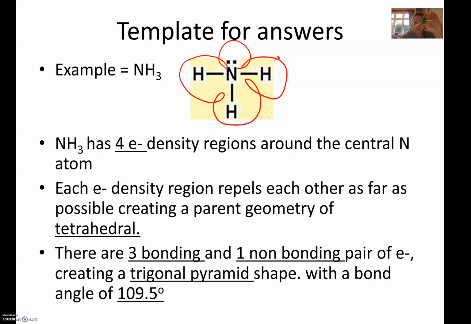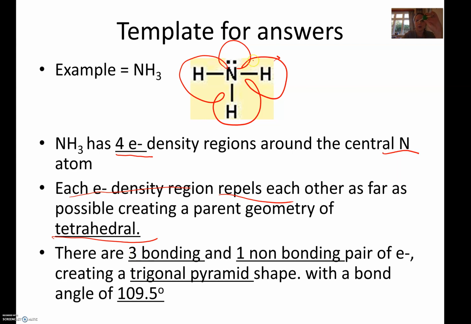So this is the template answer you're going to use, and you're going to practice it a few times today. NH3 has 4 electron density regions, as we've just seen, around the central N atom. These electron density regions repel each other as far as possible, creating a parent geometry of tetrahedral.